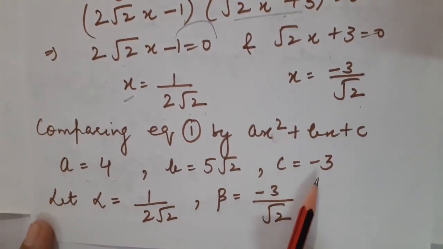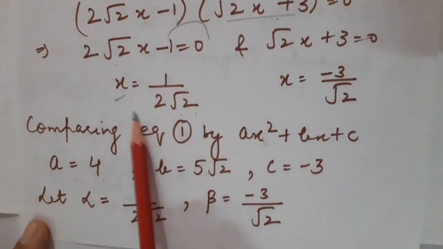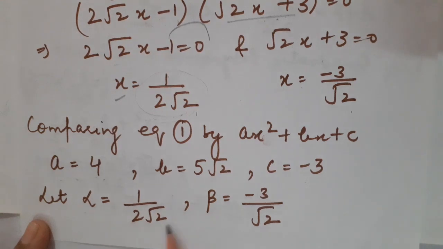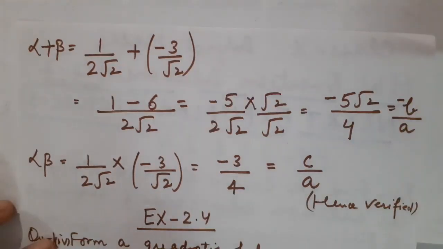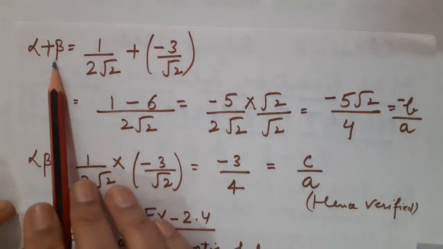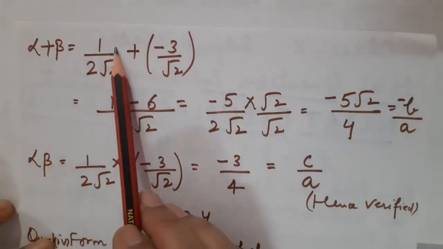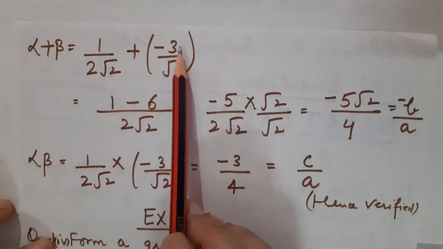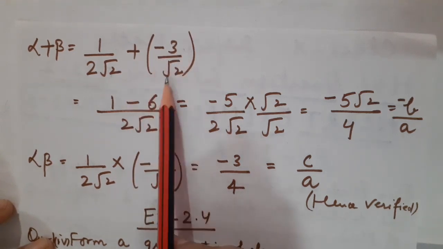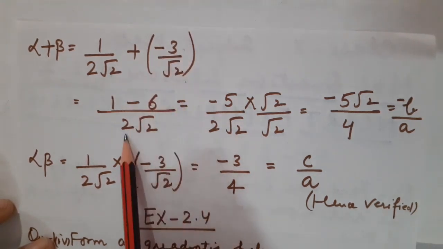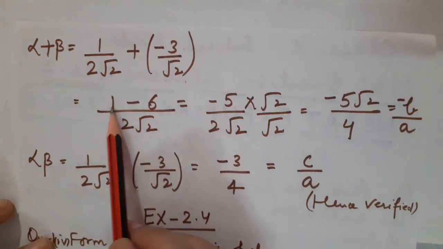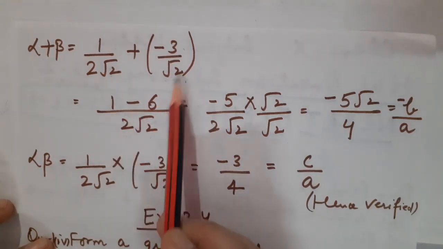Just check it. Fine. So let the first 0 be alpha and the other 0 be beta. Correct, children? Now to show the relation, definitely we have to calculate the sum of the zeros. This is the first 0, 1 upon 2 root 2, plus this is the second 0, that is minus 3 upon root 2. So 2 root 2 will be the LCM. This is 1 minus. Root 2 is root 2.